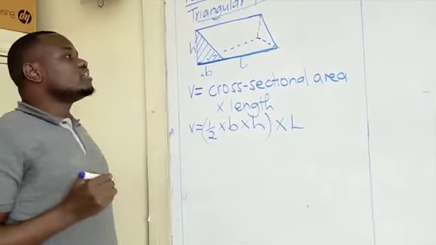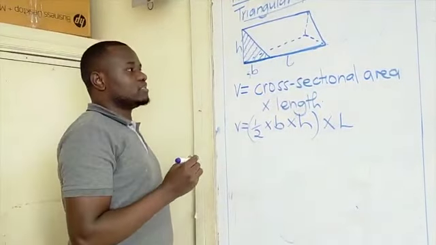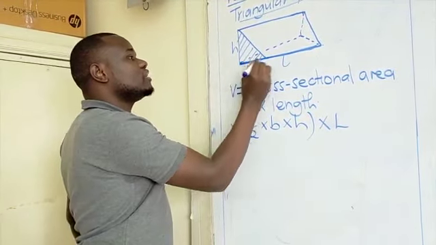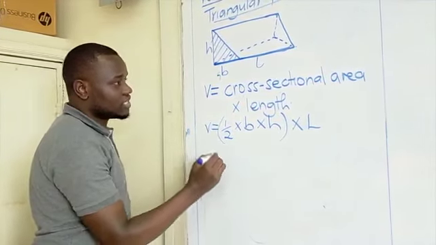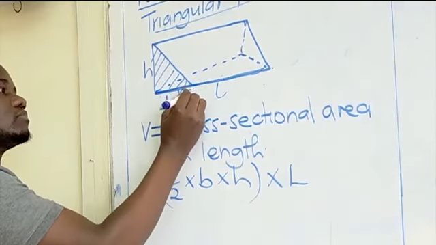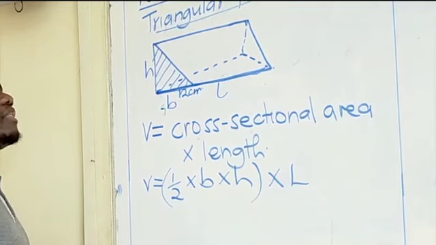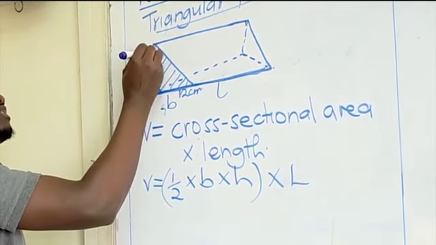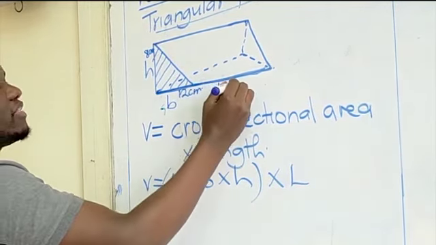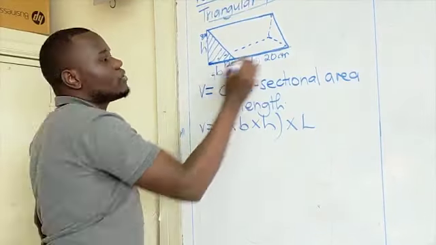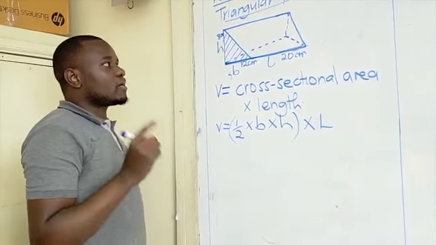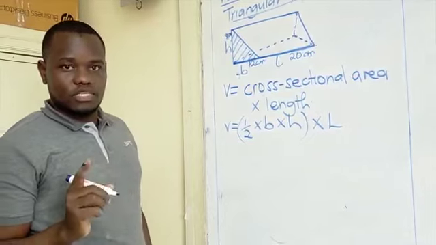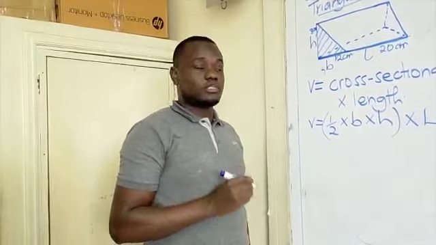So for instance, if we had here measurements, let's say our base is 12 centimeters, our height is 8 centimeters, and our length is 20 centimeters. How are we supposed to go about it? When a candidate is given a question of this nature, this is how you go about it.